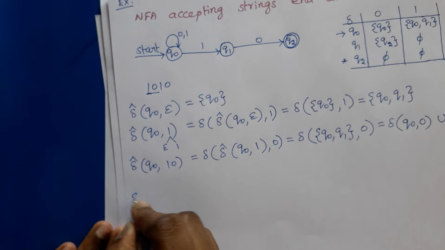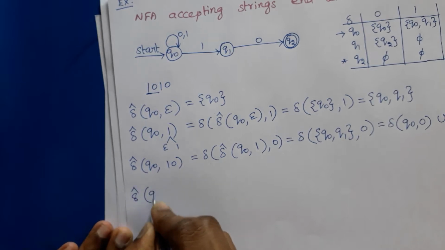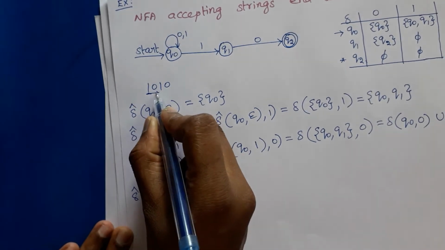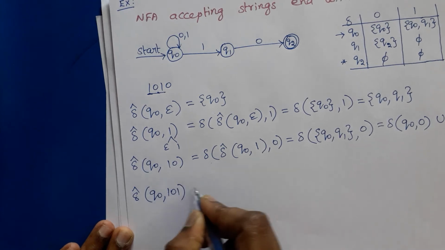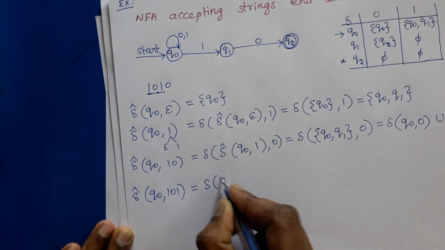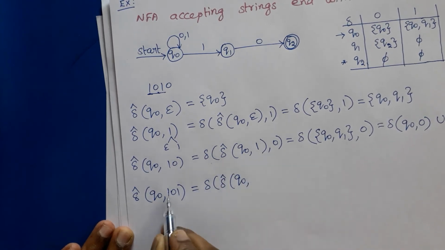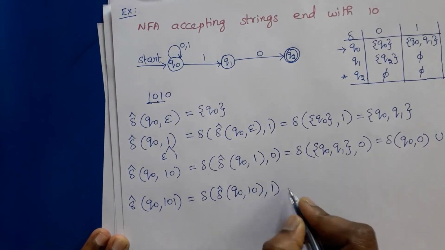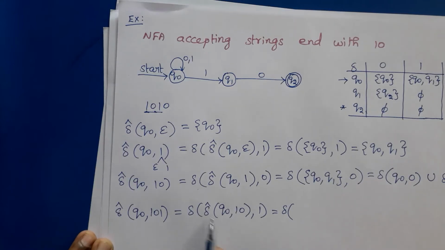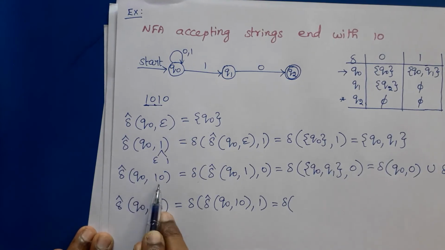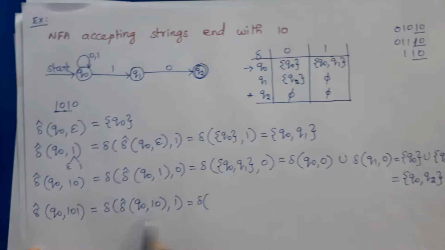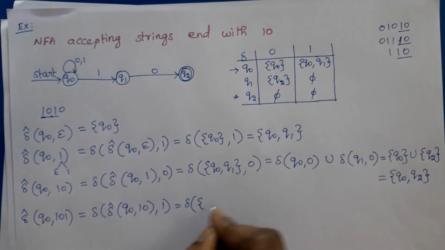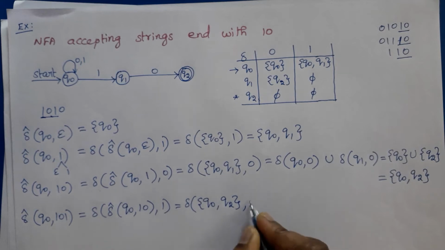Similarly we need to find for the next step. q naught comma, consider the three symbols 1 0 1. So this can be written as delta cap of q naught comma x, meaning 1 0, comma a is 1. Then delta cap of q naught comma 1 0 is q naught q2. So that must be written here, q naught q2 comma this 1.